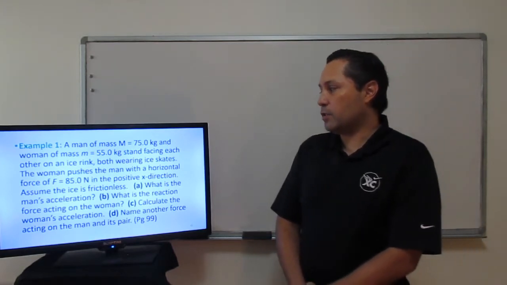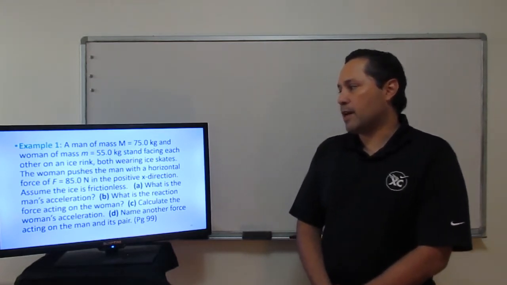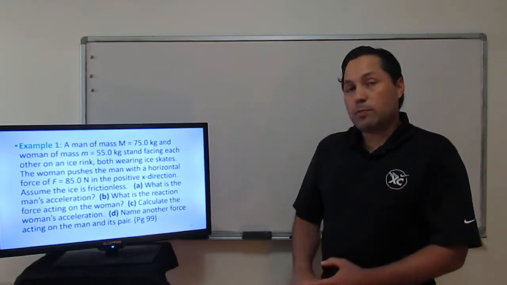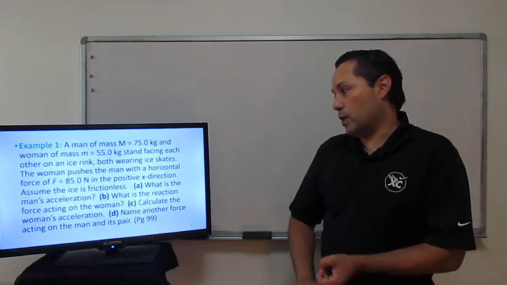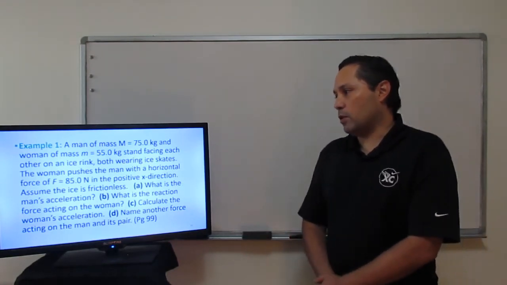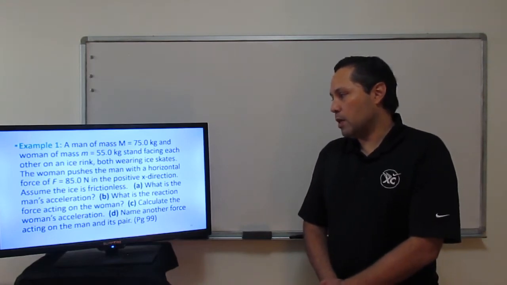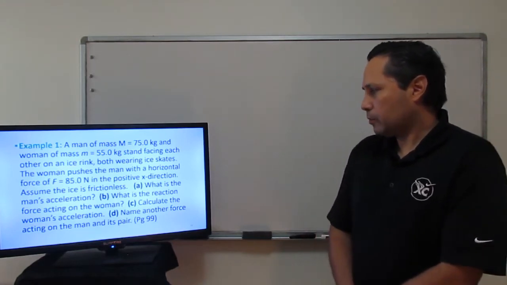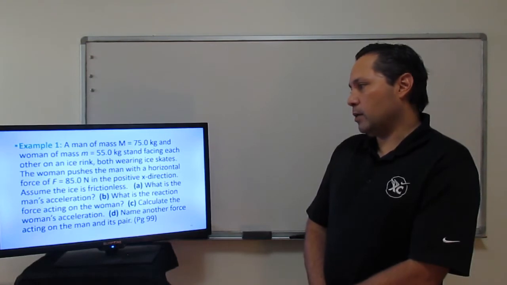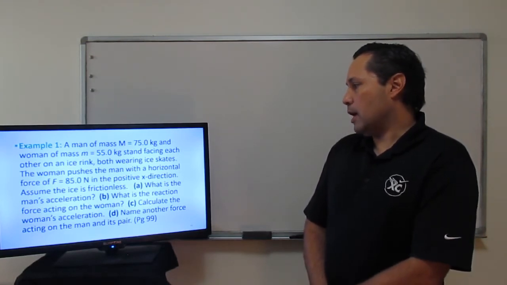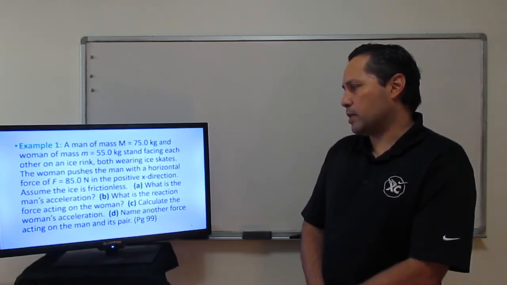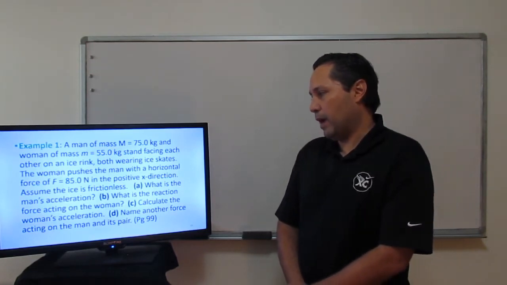Assume that the ice is frictionless. Part A, what is the man's acceleration? We're going to need to solve for the acceleration. Part B, what is the reaction force acting on the woman? And part C, calculate the woman's acceleration and name another force acting on the man and its pair.